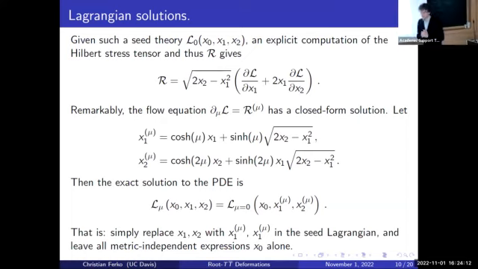So once you've defined these quantities, you can straightforwardly show that the solution to this flow equation is very simple. All you do is take the undeformed Lagrangian, the starting theory at μ equals 0, and everywhere you see dependence on x1, you simply plug in this new expression x1^μ. And similarly, everywhere you see an x2, you plug in this deformed expression x2^μ. And then that's it. You replace those, and that will solve the flow equation.